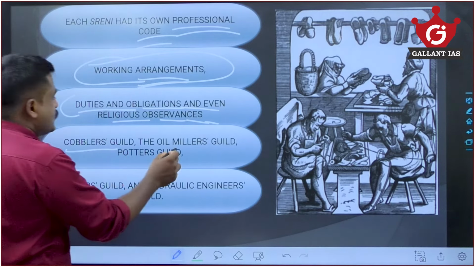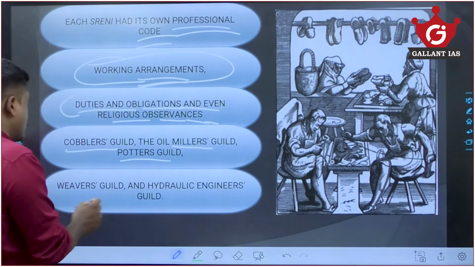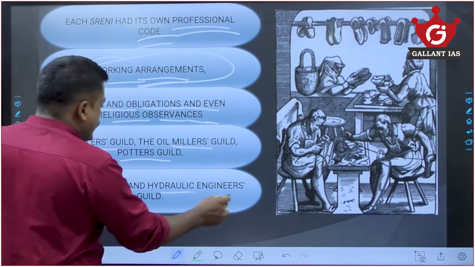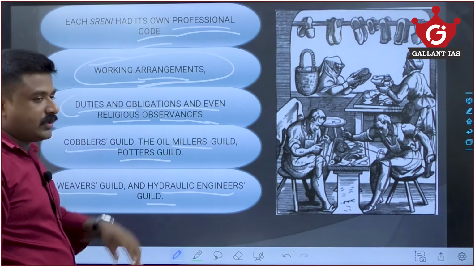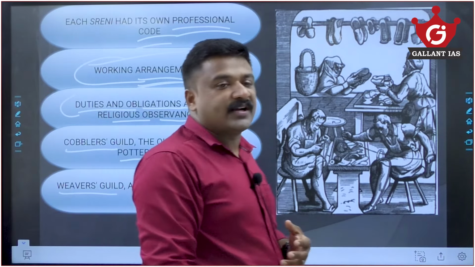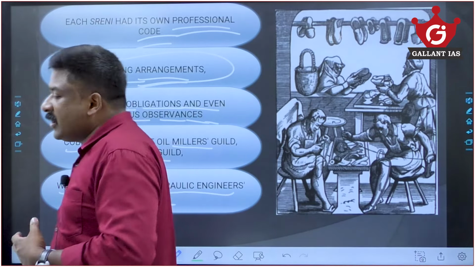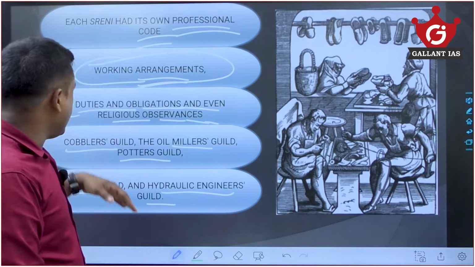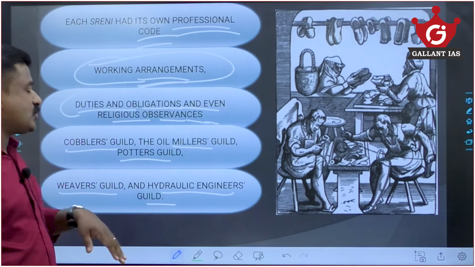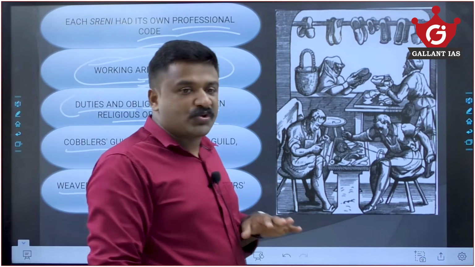Then a cobblers guild is there, oil millers guild, potters guild, weavers guild, hydraulic engineers guild. Different guilds existed. It had its own professional code, working arrangements, duties, obligations, and rules and regulations, etc.